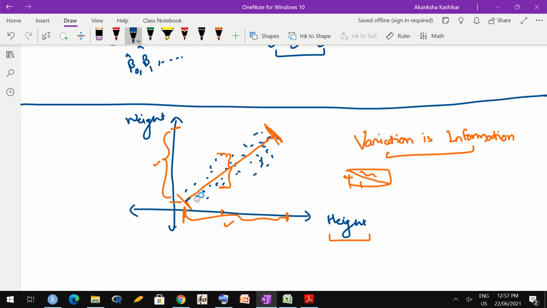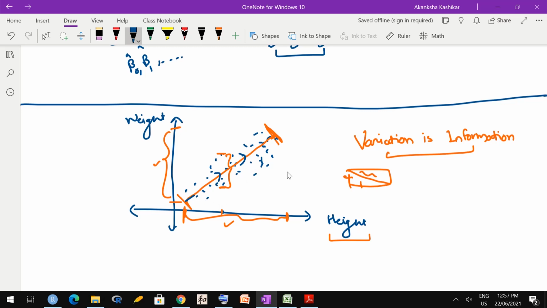If I can define a variable which takes values across this direction, in which direction the spread is maximum, then I can talk much more about that variable because that variable would be more informative in the sense it would have more variation.